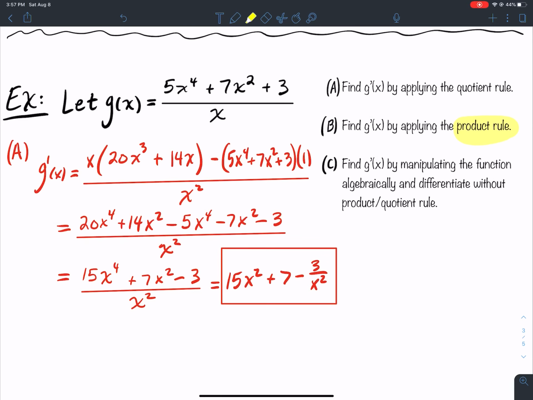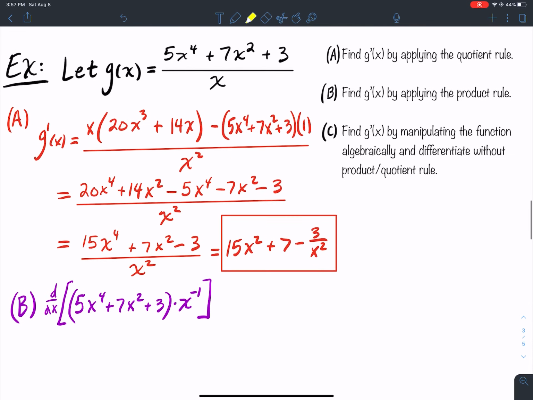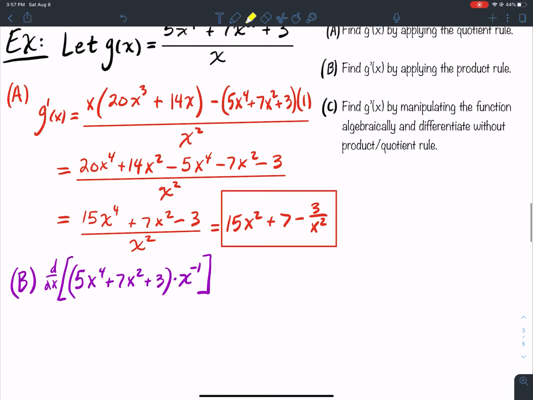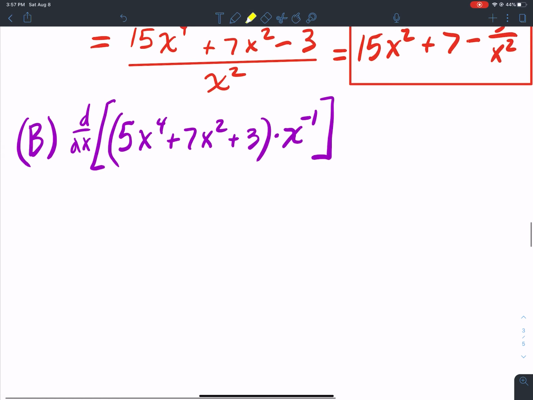So let's do that for b. So I'll literally turn this 1 over x into x to the negative 1. And now I have the product of 2 functions. I'm going to apply the product rule. So let's do that here. So the first times the derivative of the second.